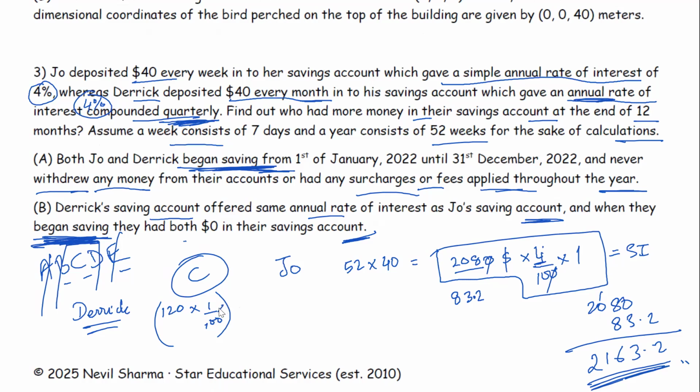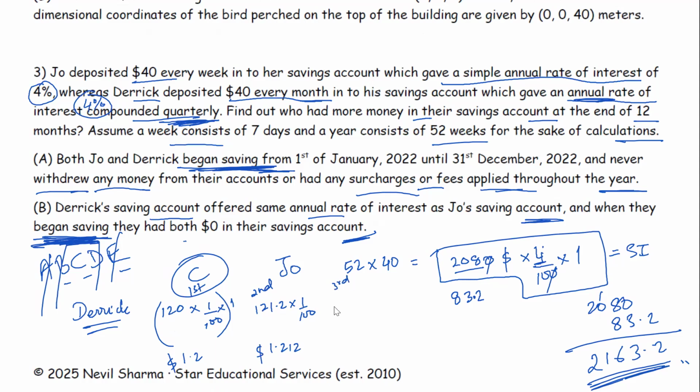So 1% on 120 for 1 quarter gives you $1.2. All right. So $1.2 is what he's made after the first quarter, right? Second quarter, it is this 1.2 plus 120, so 121.2, again 1%. So this time it will be $1.212.